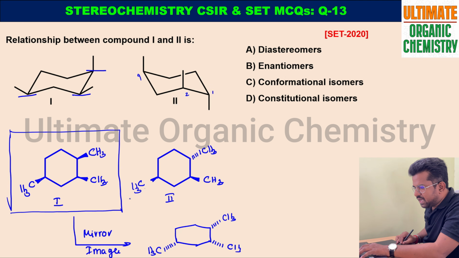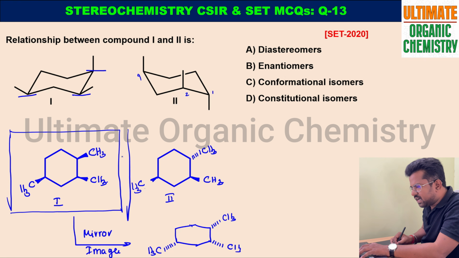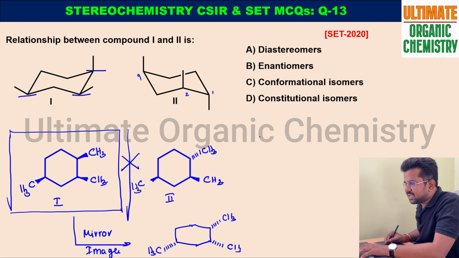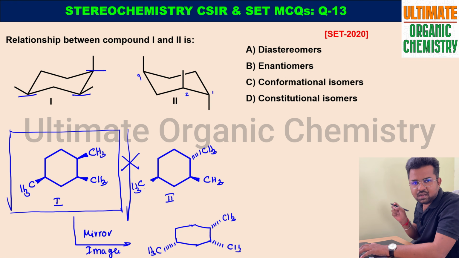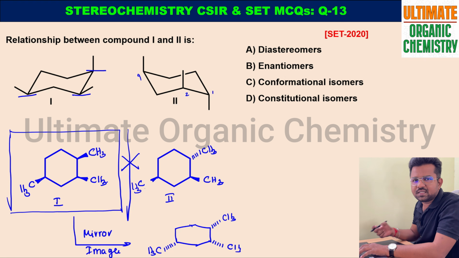And now if you compare this mirror image with these two, this is not the mirror image of 1. So 1 and 2 do not have any mirror image relationship. If molecules are mirror images that are non-superimposable, they are enantiomers. Neither mirror images nor superimposable are called diastereomers. So the relationship of compound 1 and 2 is diastereomer. Option A is the right answer.